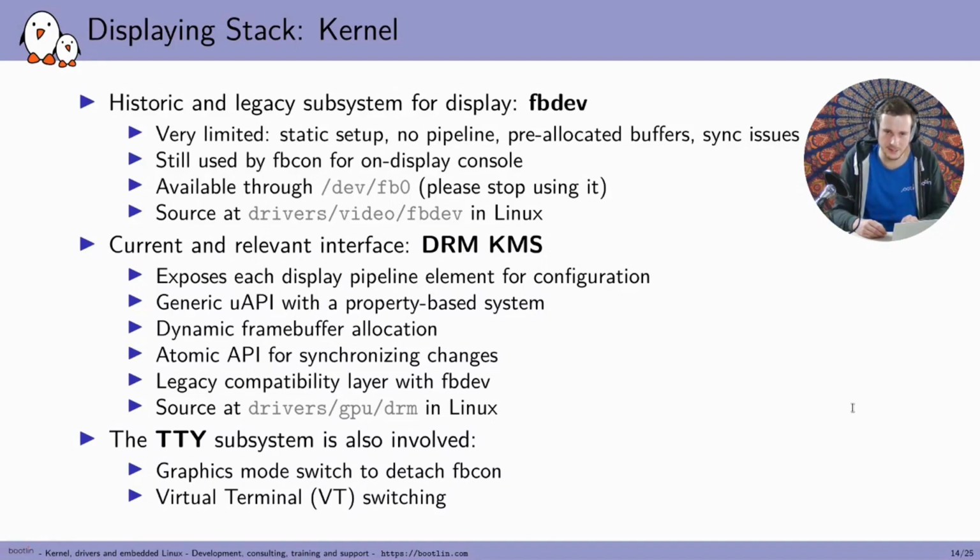It also has a generic UAPI, which means that basically any user space implementation of DRM can work with any DRM driver. And it also has a flexible property-based system that can be used to configure different switches and different elements separately.